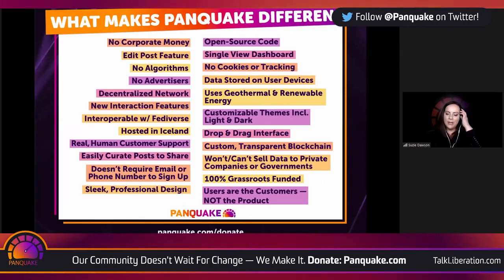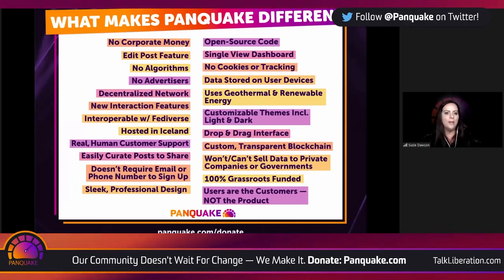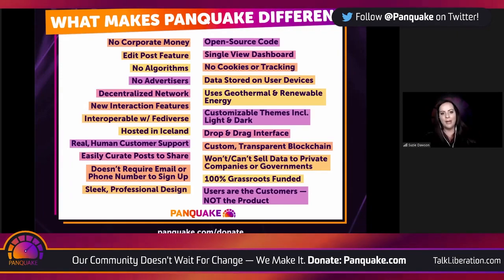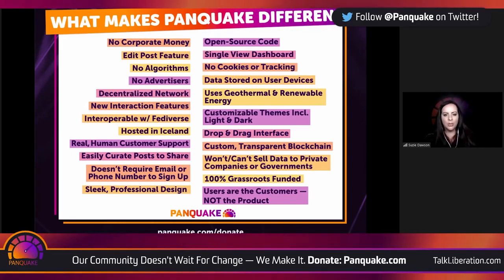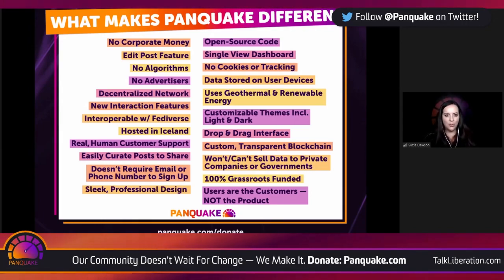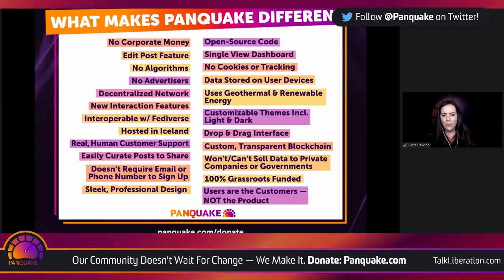What makes Panquake different? My God, there is so much that makes us different. No corporate money, like I've already talked about, the ability to edit your own content, no algorithms, and this is a big one. We don't use algorithms to manipulate what content appears on your timeline. It is purely content that you have elected to see by following users that you want to see content from, or unfollowing them if you change your mind.